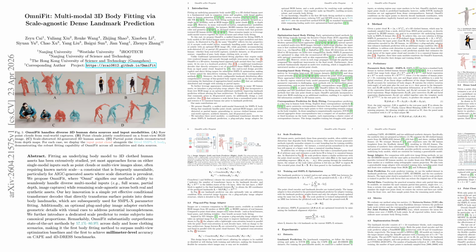Let's explore the second paper, OmniFit: Multi-Modal 3D Body Fitting via Scale-Agnostic Dense Landmark Prediction. OmniFit is a 3D-native, learning-based SMPL-X fitting framework that unifies point clouds, optional front-view RGB, partial depth-derived geometry, and scale-distorted AI-generated assets under a single scale-agnostic pipeline.